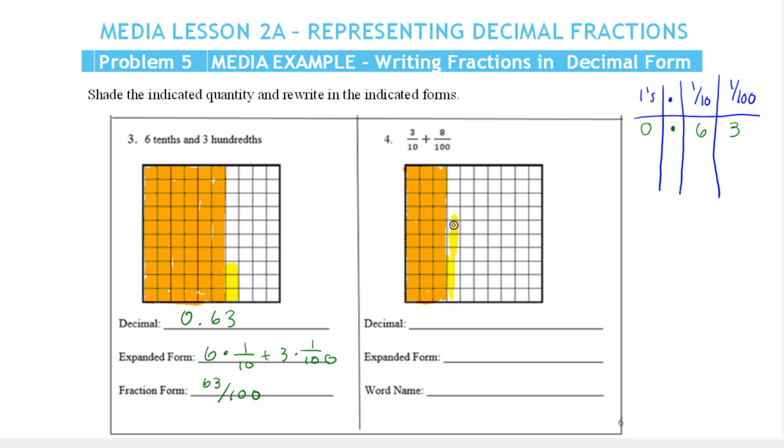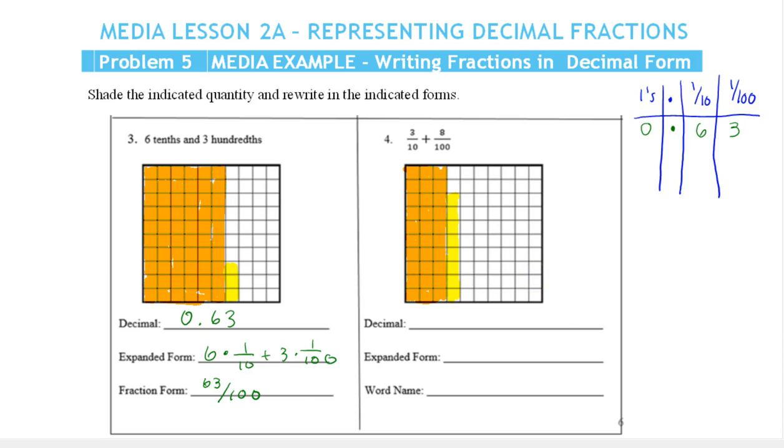I'm going to start from the bottom. Notice I'm just leaving 2 on top instead of counting 8. Sometimes that's easier. So this is our shaded area that represents 3 tenths plus 8 hundredths, where this is the unit.